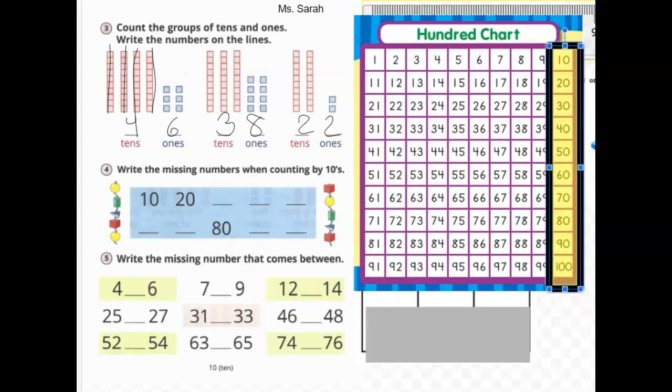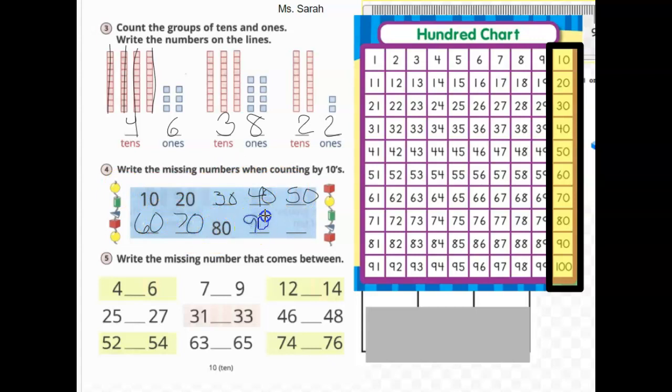All right, so now we have to write them. Okay, so we got 10, 20, 30, 40, 50, 60, 70, 80, 90.